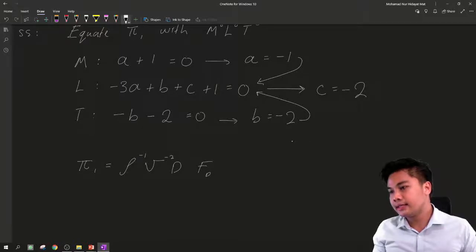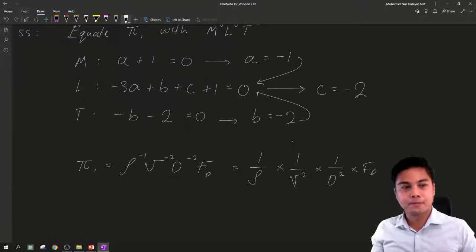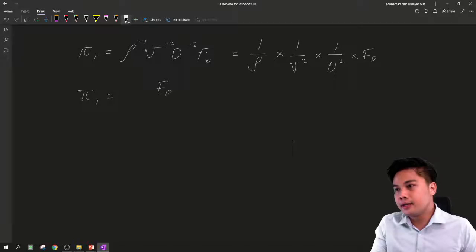And d here is c, which is -2. So we form here 1 over rho, multiplied with 1 over V to the power of 2, 1 over diameter to the power of 2, multiplied with F. And finally we form the pi term 1 equal to F D over rho V squared D squared.